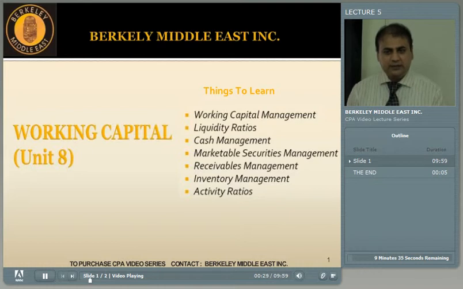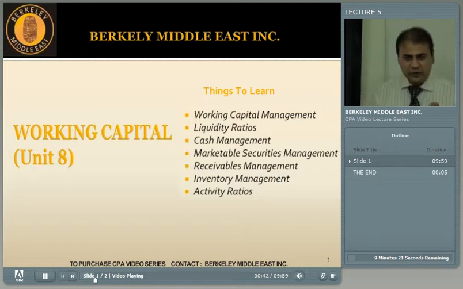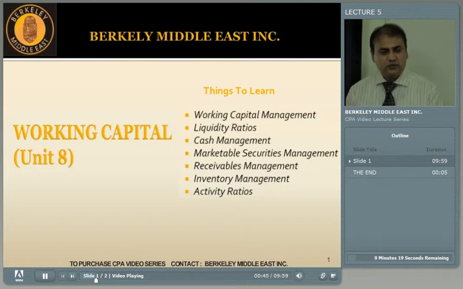Working capital in accounting is equal to current assets minus current liabilities. First of all, we should understand what is a current asset, what is a current liability, then what is the concept of working capital. A current asset is anything valuable in your assets whose useful life is less than 1 year.